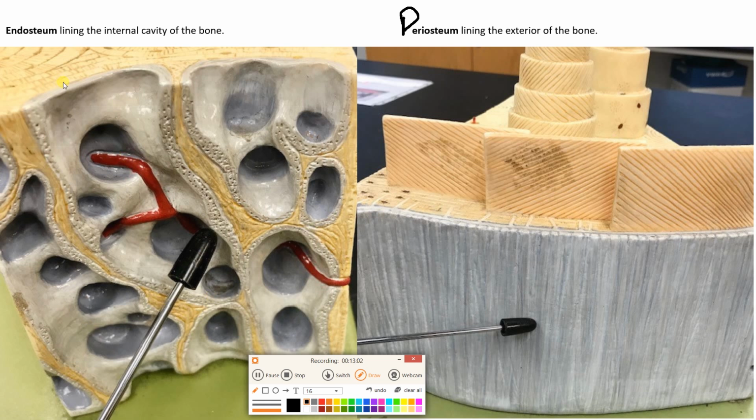I can see some circumferential lamellae on the interior here. I can see some circumferential lamellae on the exterior as well. I also see my perforating fibers, which are bundles of collagen anchoring the periosteum to these circumferential lamellae. So we got a little internal and external view right there.